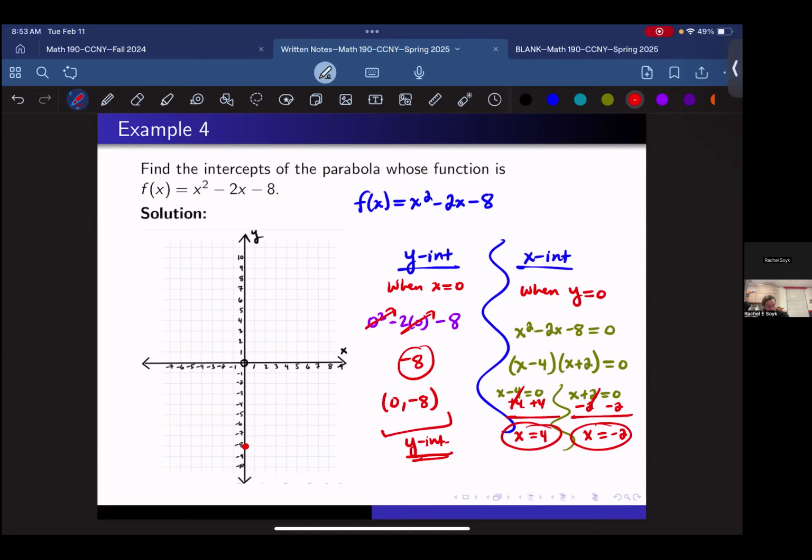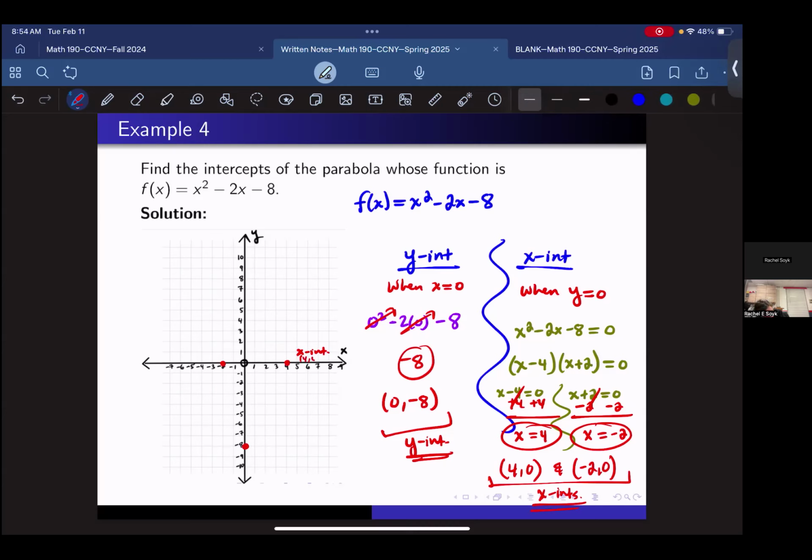These are all synonyms of one another. In coordinate form, we're looking at (4, 0) and (-2, 0). And then we can go ahead and plot these. And we want to label, especially if they ask us to label.